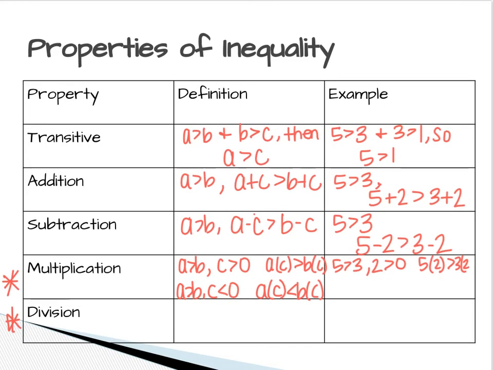But if I multiply by negative 2, which happens to be less than 0, 5 times negative 2 is actually less than 3 times negative 2.